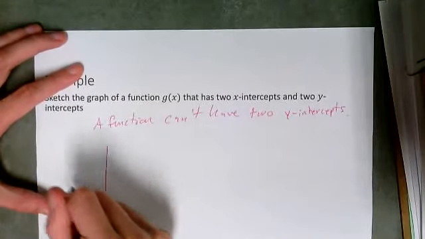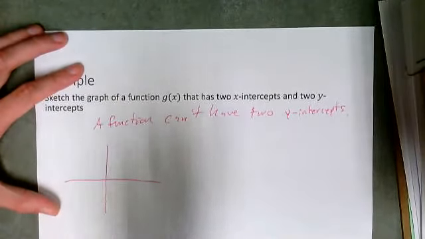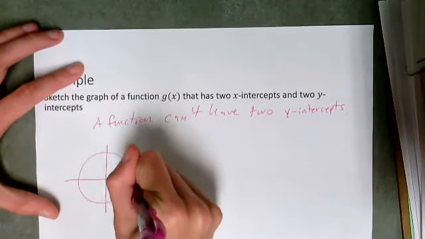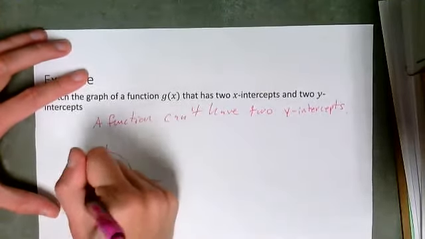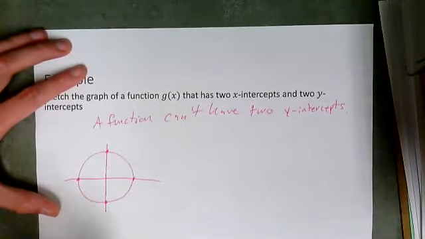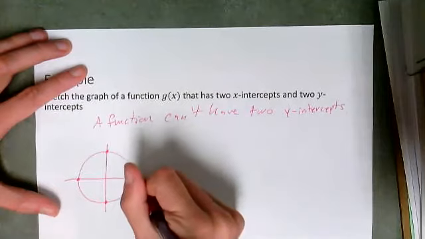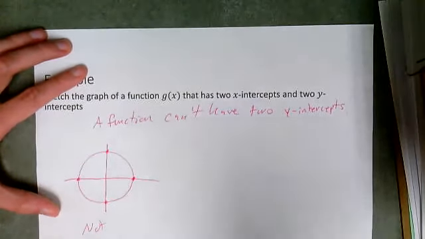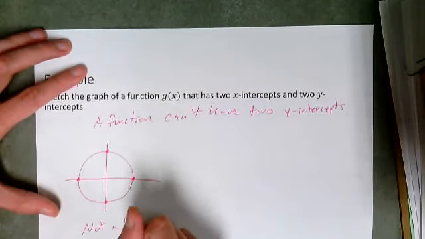So let's look at a circle. This has 2 x-intercepts, 2 y-intercepts. But it fails. Not a function. It fails the vertical line test miserably. Not a function.